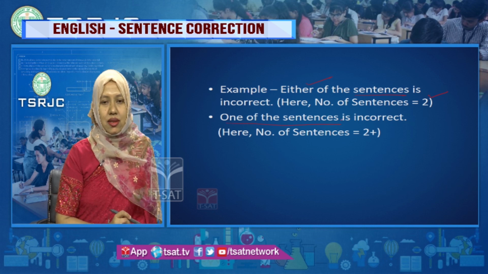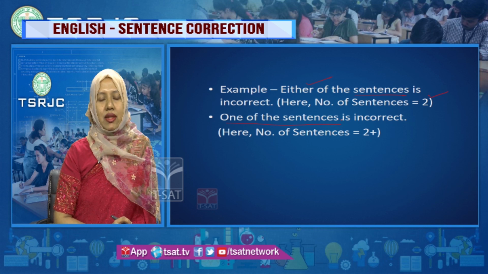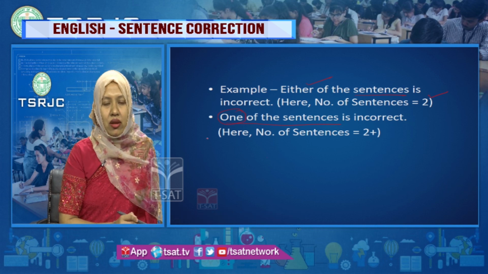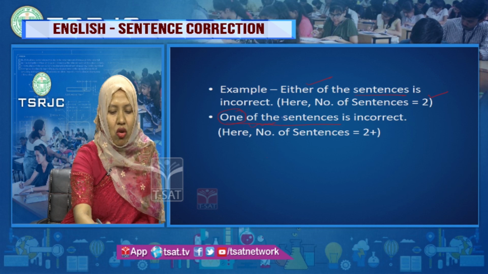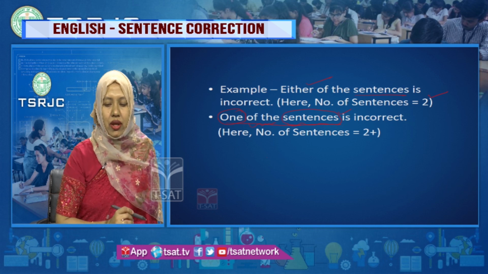You are pointing out one sentence among many and saying that one of the sentences is incorrect. So always remember, when the sentence starts with one, it should be followed by of the sentences. This noun should be plural, the S should be there.